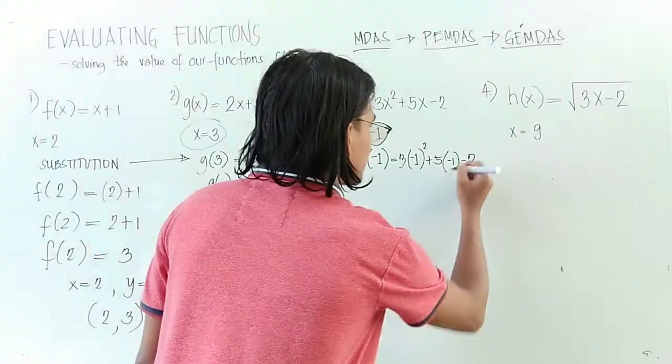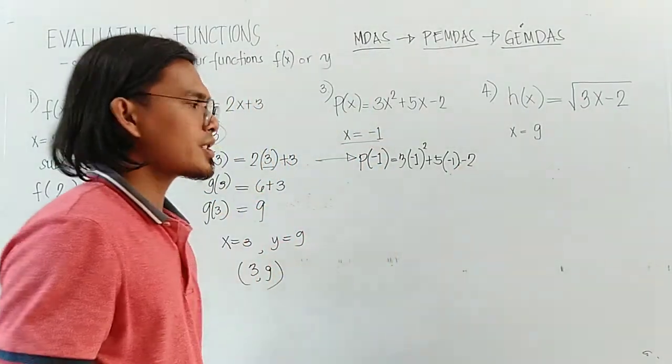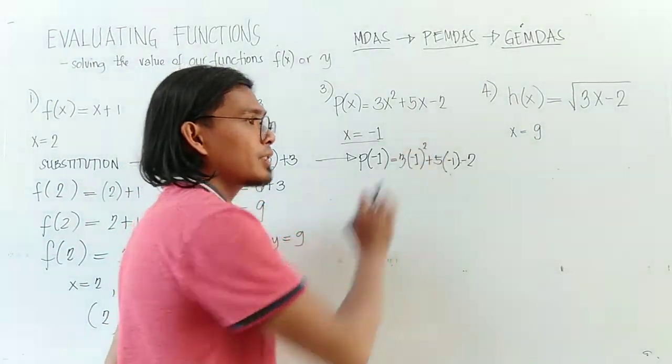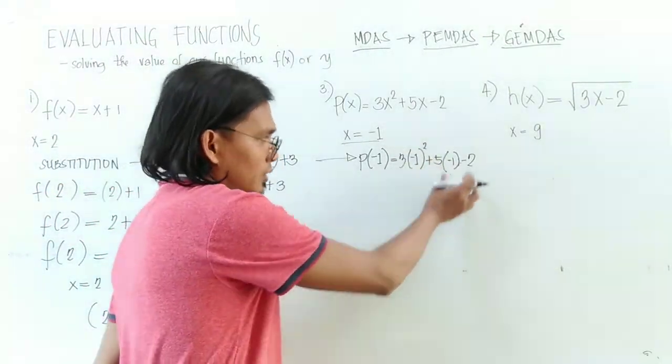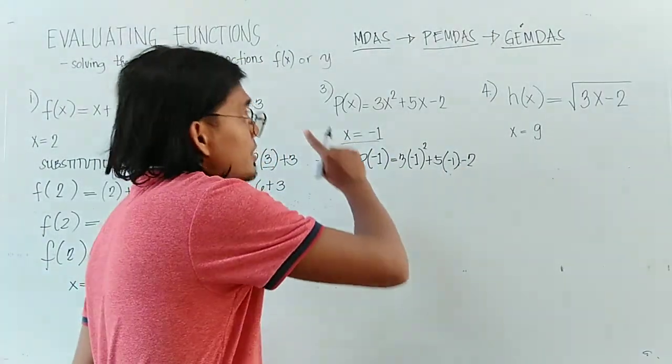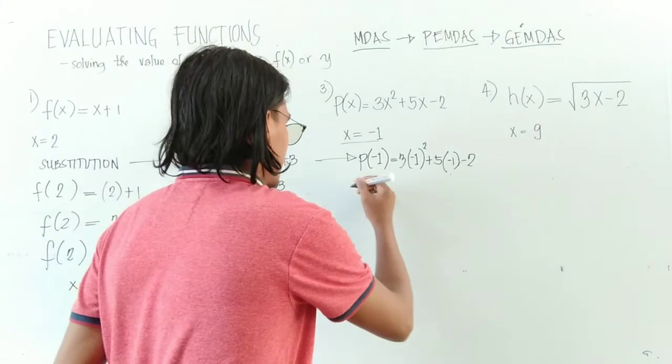Okay? So we have p of negative 1 is equal to 3 times the quantity of negative 1 raised to 2 plus 5 times the quantity of negative 1 minus 2. So we will be using either PEMDAS or GEMDAS. So it's up to you.